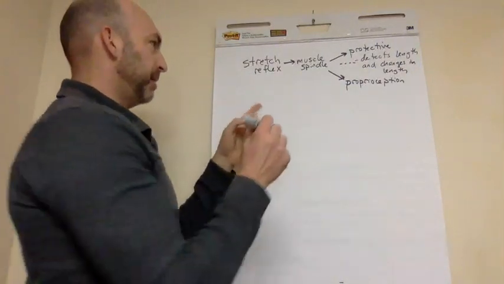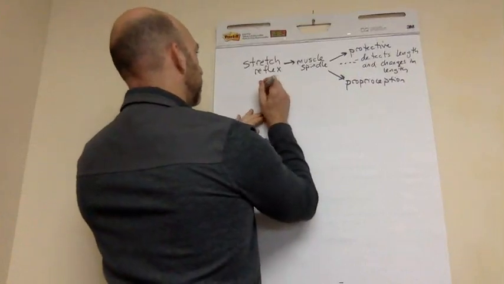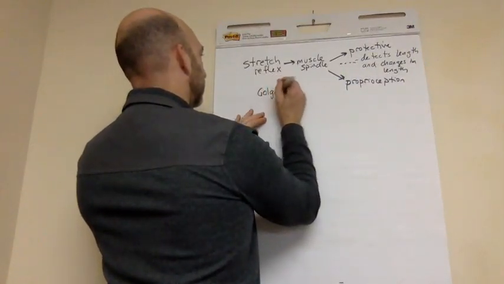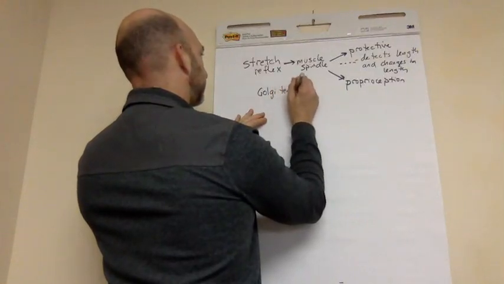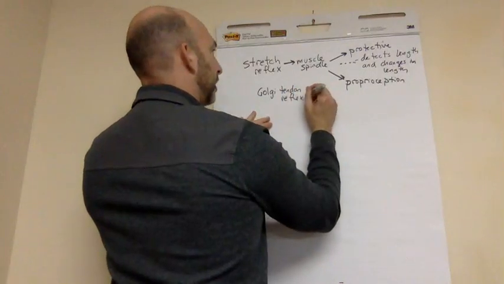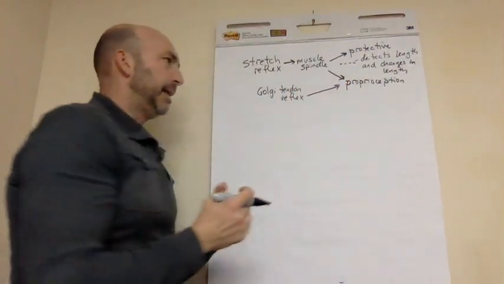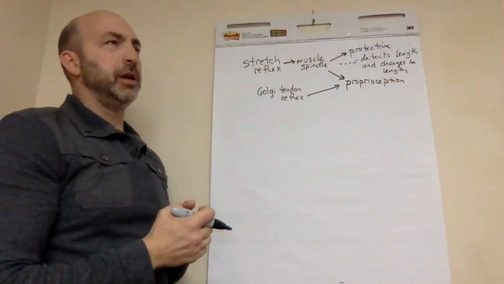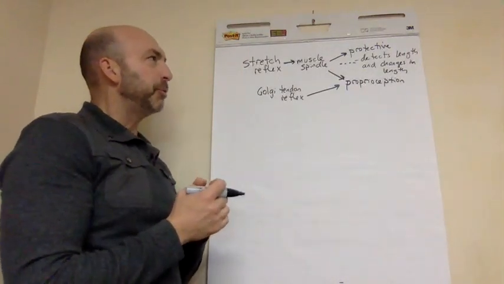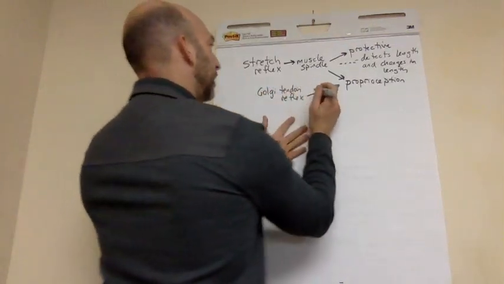We'll also say a little bit about the Golgi tendon reflex. And that's largely about proprioception, and we could put protection there too.